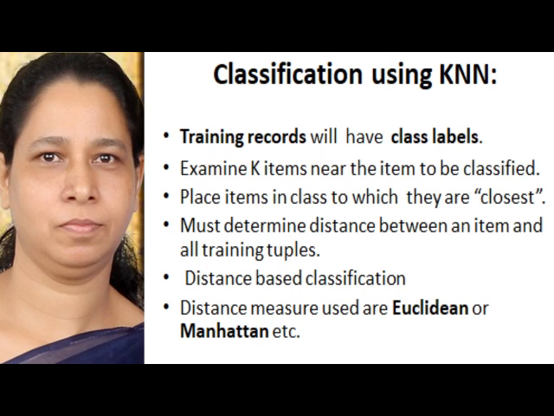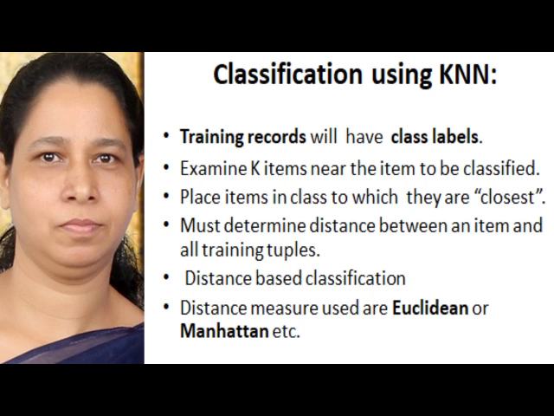For k nearest neighbor classification, a tuple with the unknown class label is assigned the most common class among its k nearest neighbors. When k is equal to 1, the tuple is assigned the class of the training tuple that is closest to it in pattern space. K nearest neighbor can also be used for numeric prediction, that is, to return a real valued prediction for a given unknown tuple.